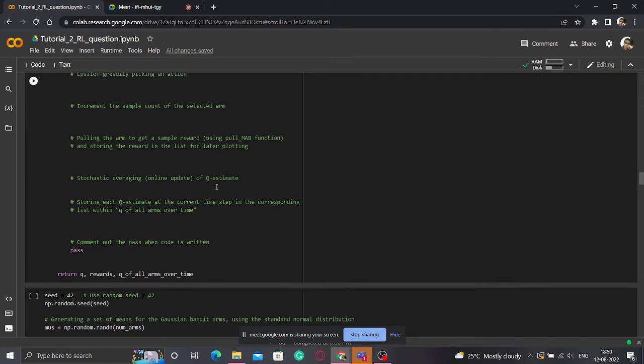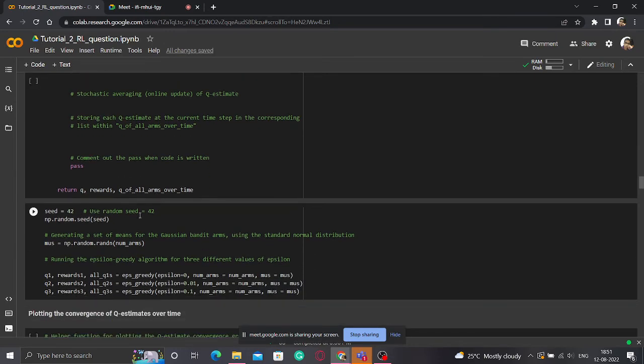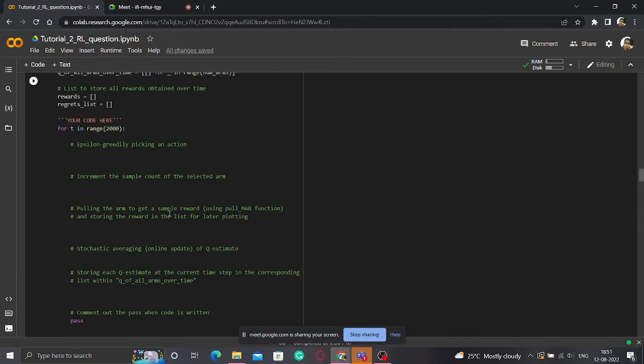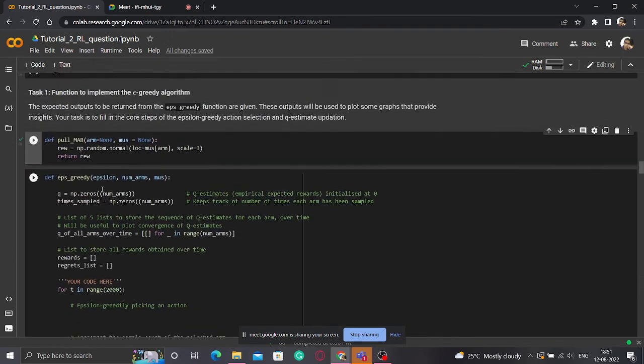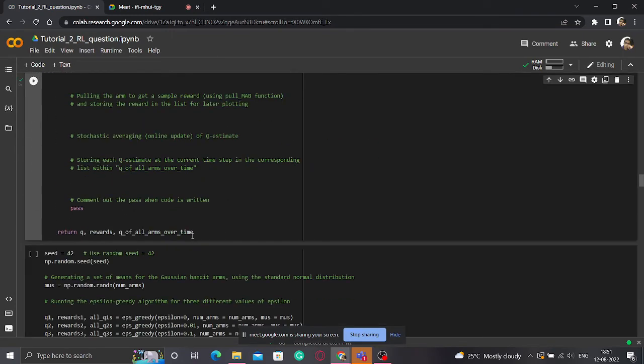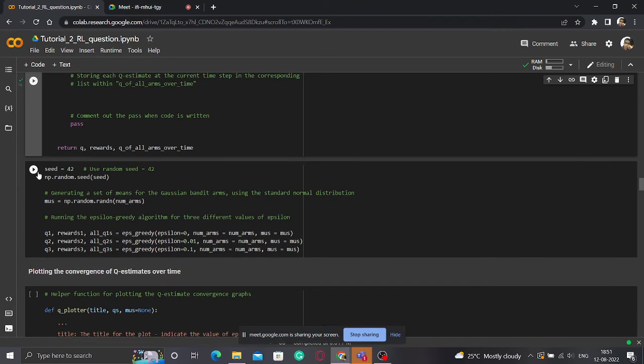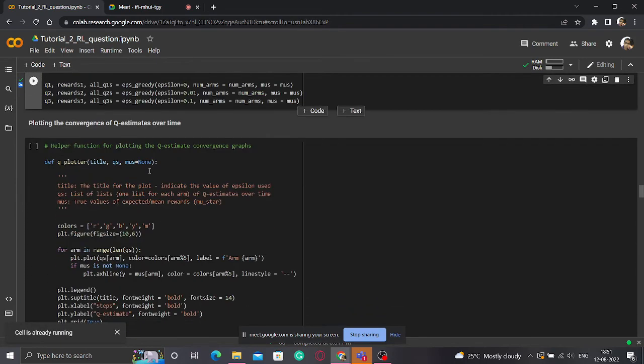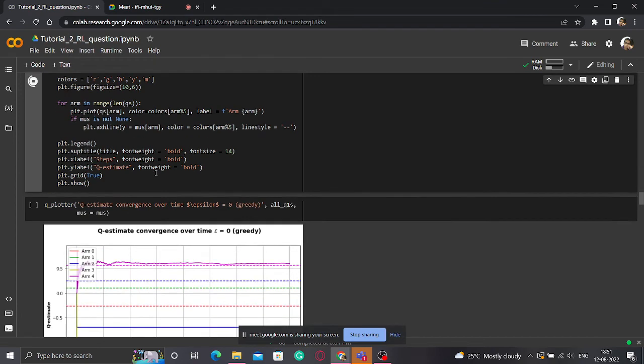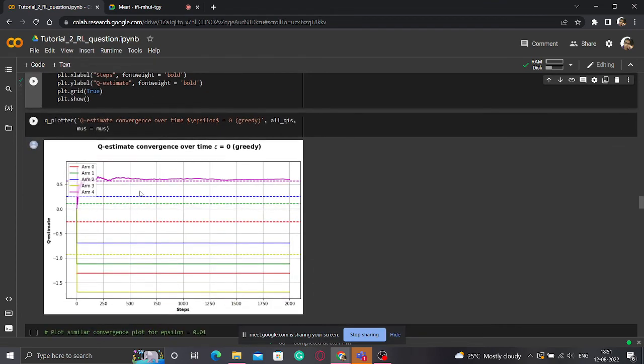Then you can run your code here, and plot the Q function that you have estimated.